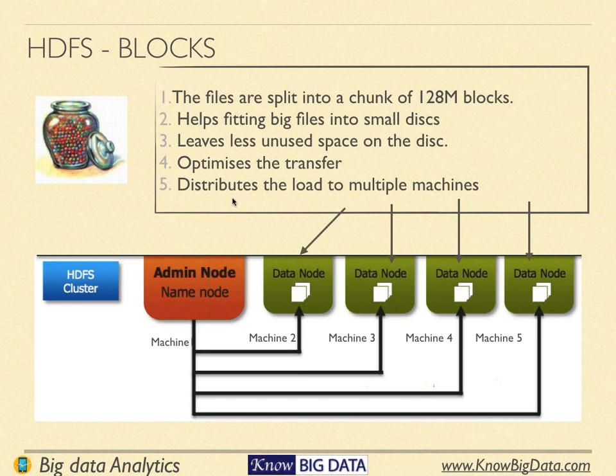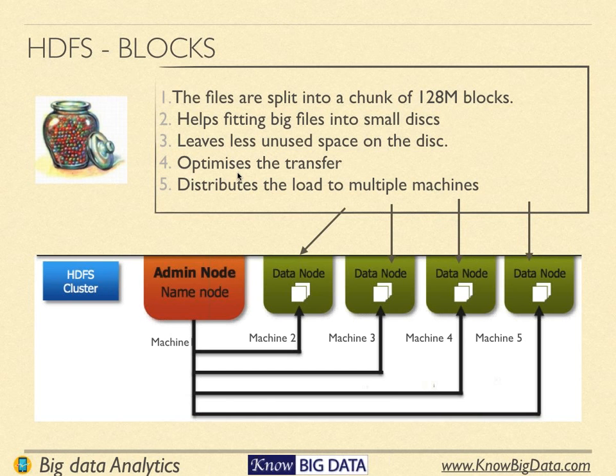The reason we split files into blocks is that it helps us fit bigger files into smaller disks. It leaves less unused space on the disk. It optimizes file transfer. It distributes the load onto multiple machines.